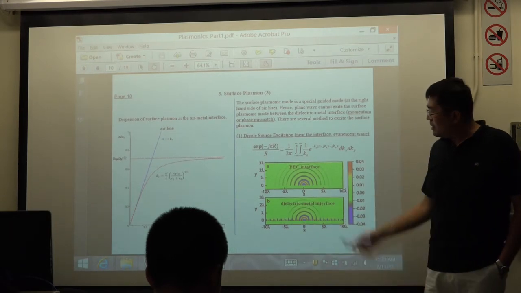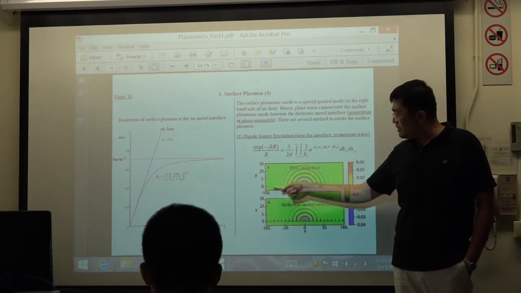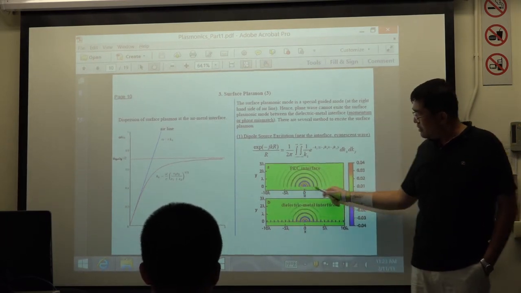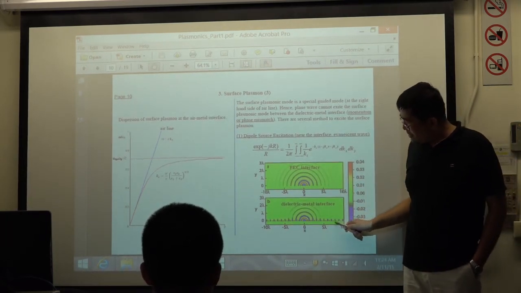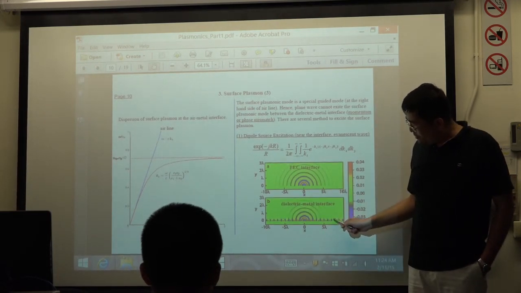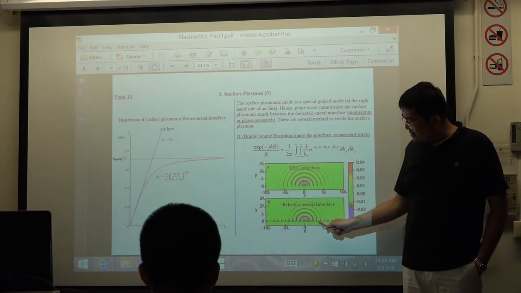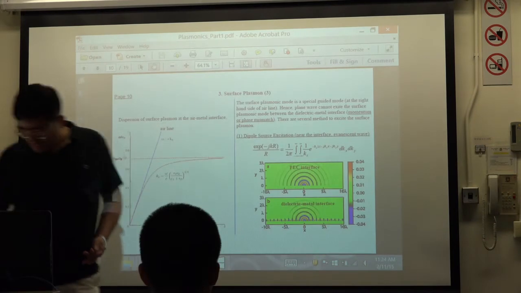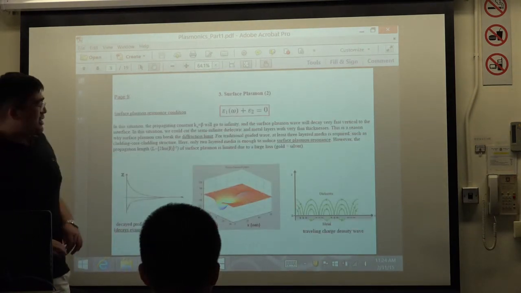This is a picture. This is a PEC interface. With this dipole, nothing happens here. Okay, this is a dielectric-metal interface. You can see blue, red. You can see this is a surface plasmon, because the charge changes sign.